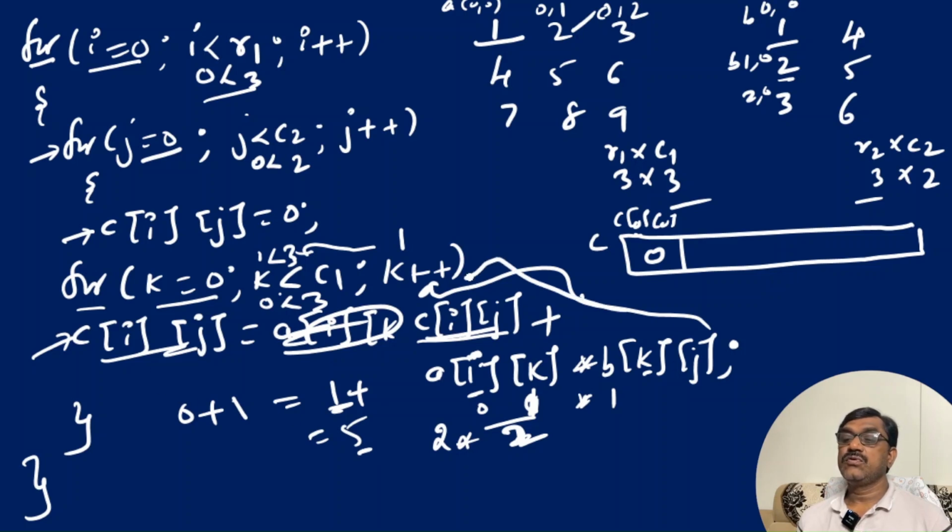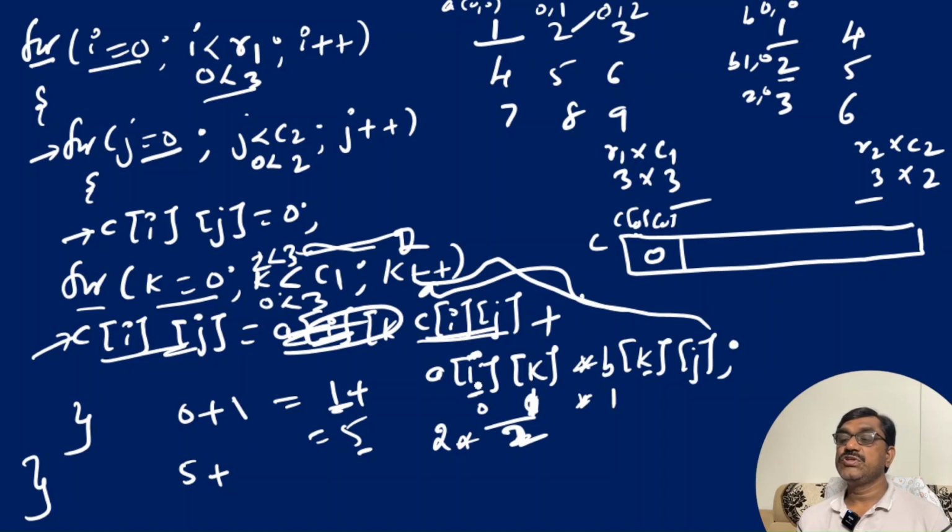Again semicolon, go to k. K value becomes 2. Now check the condition here. 2 is less than 3. Yes. Again the statement C of ij equals C of ij plus is executed. Previously how much was C of ij? 5. C of ij equals the updated value of C of ij plus A of ik. K value how much? 2.